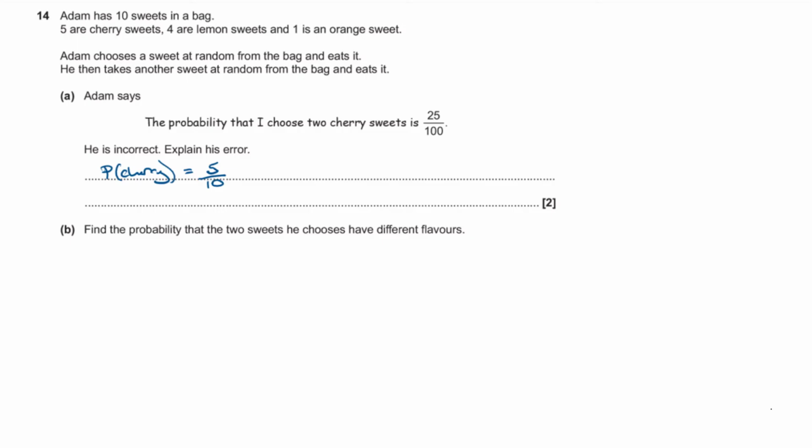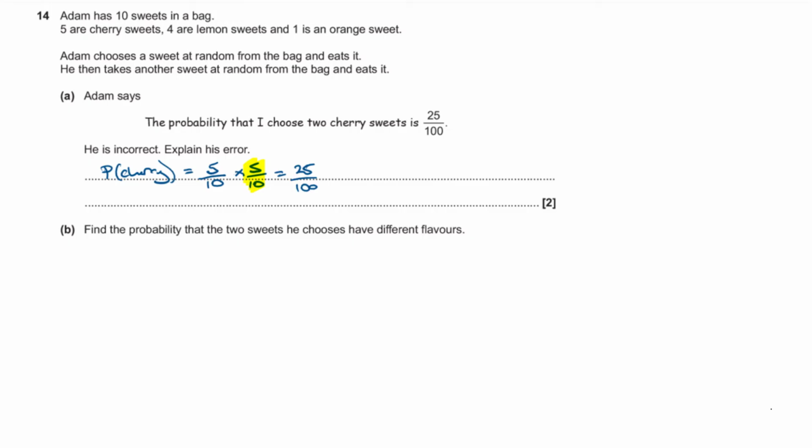So I assume what he's done then is he's multiplied that by itself. So 5 over 10 for the first selection and 5 over 10 for the second selection, giving you 25 over 100. Okay, but the mistake he's made is with this second selection, isn't it?